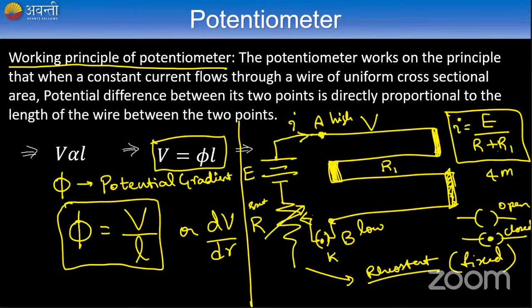Now, if you observe the circuit, there exists a potential gradient phi and there exists a potential drop V1. So phi is equal to V by L. Now for this 4-meter wire, what is the potential gradient?